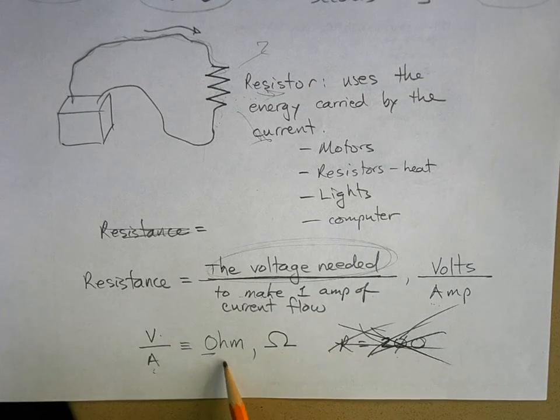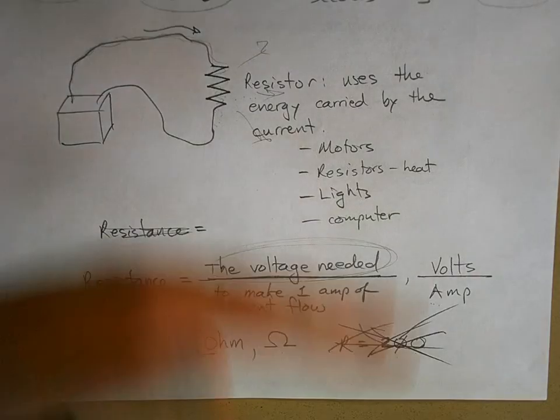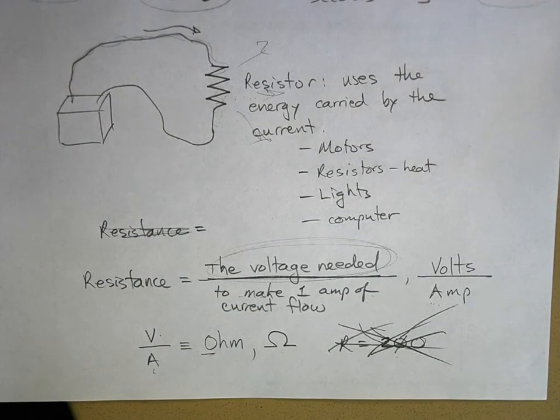All right, now, one thing I've resisted, get it, using here are variables. So I'm going to create what's called a quantity chart, and then I'll give you an equation list with that quantity chart, and that will let you solve problems for a circuit. So stay awake and pay attention. Okay.